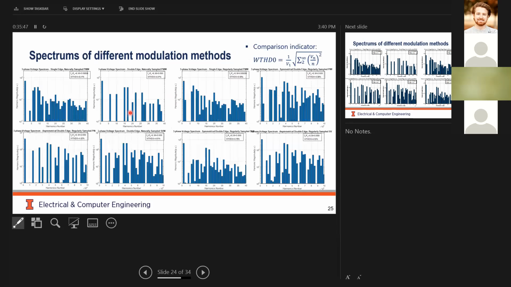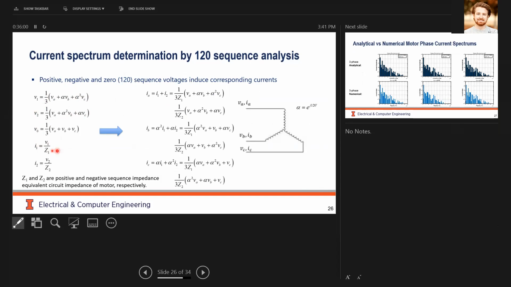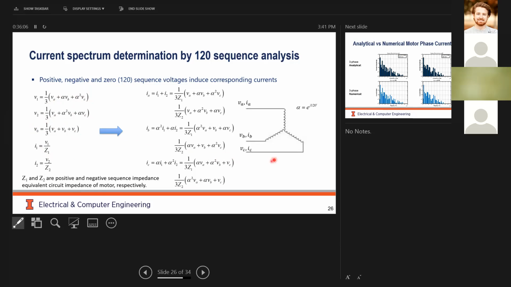The classical circuit method is to use positive, negative, and zero sequence analysis. We decompose the voltage into positive, negative, and zero sequence, apply each to the corresponding equivalent circuit, get the positive, negative, and zero sequence current, and then transform the current back to ABC phase.